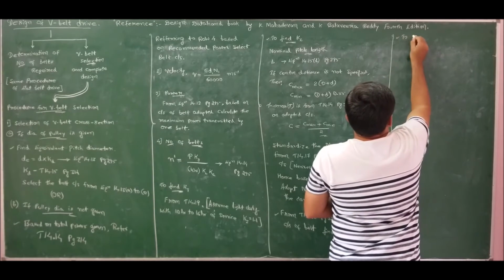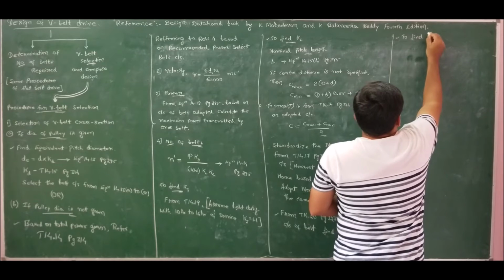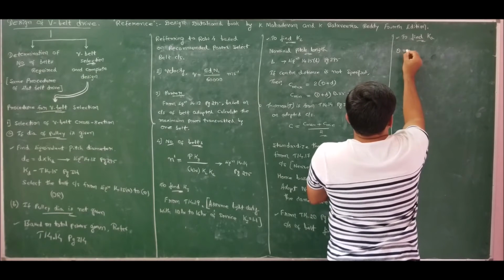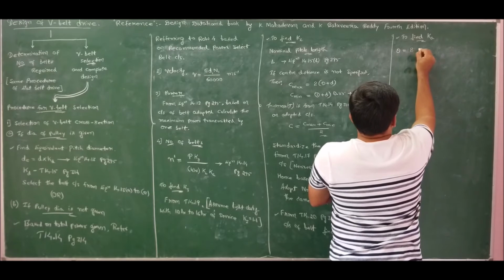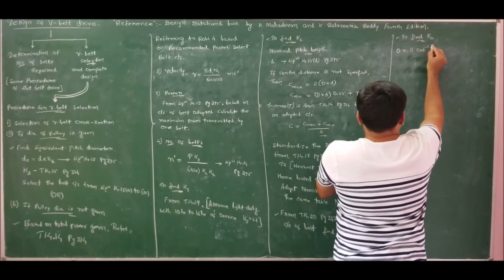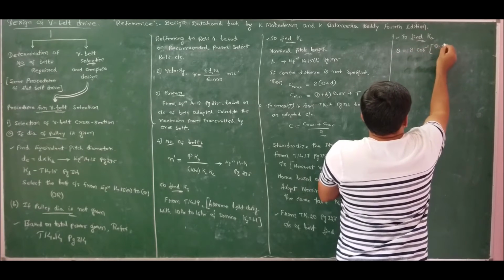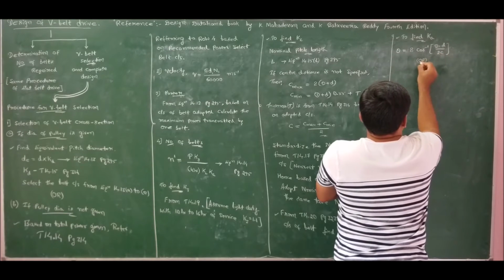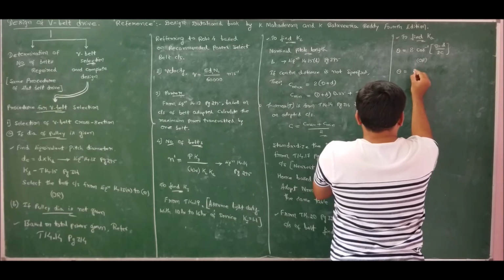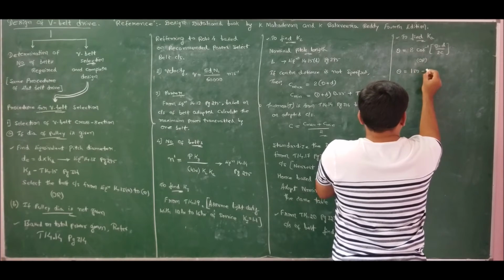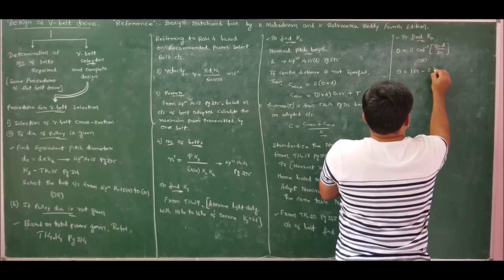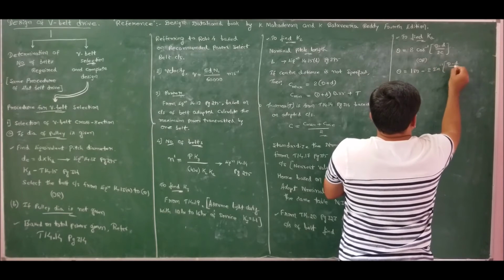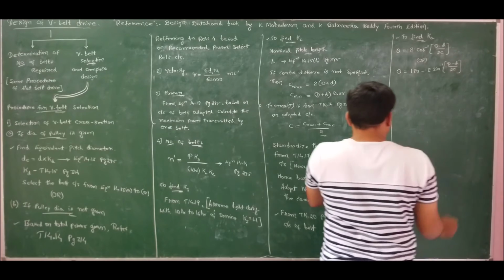To find correction factor based on angle, first you find angle theta. Angle theta is given by 2 times cos inverse of (D minus d) by 2C, or you can also calculate by using the formula theta is equal to 180 minus 2 times sin inverse of (D minus d) by 2C.